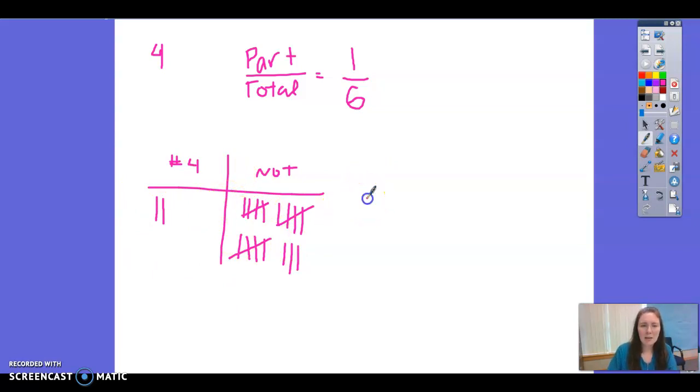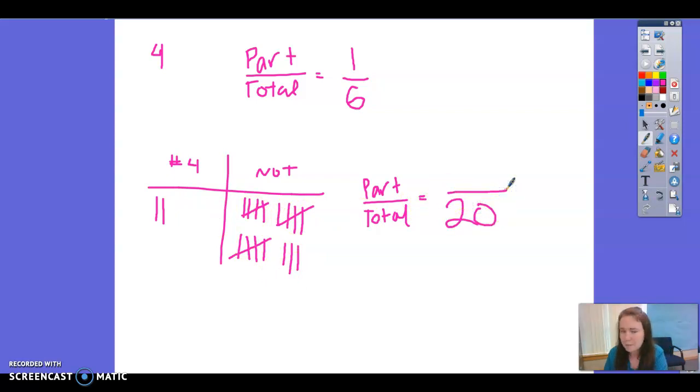In the experiment I just did with my ginormous dice, in total, I rolled that dice 20 times, and two of those times I got the number that I wanted. So this was my experimental probability.